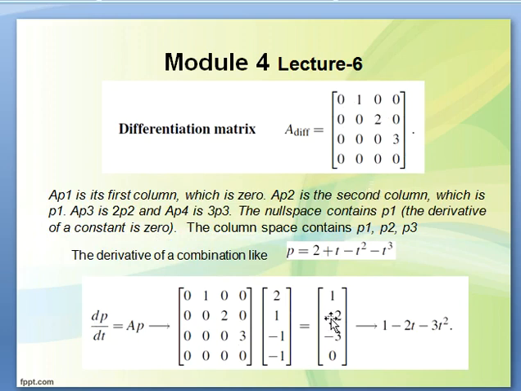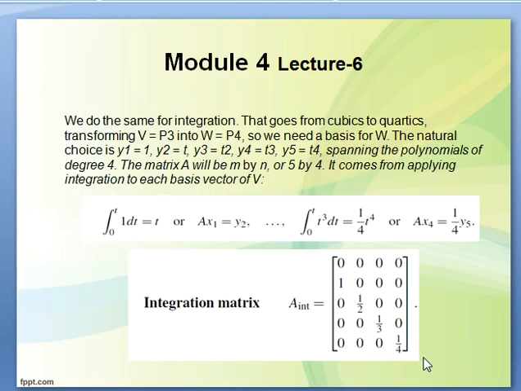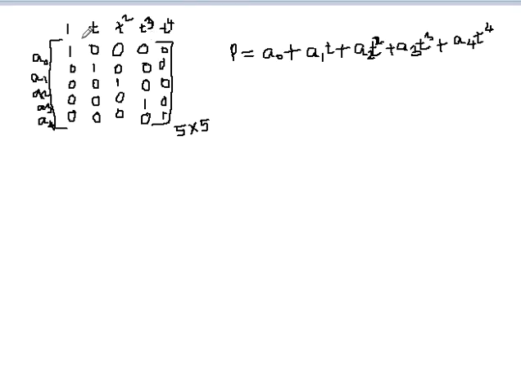Now in order to obtain the integration matrix, let's consider this equation. Now we are finding the integration for the polynomial of degree 4. So for degree 4, let's find what the integration matrix is.